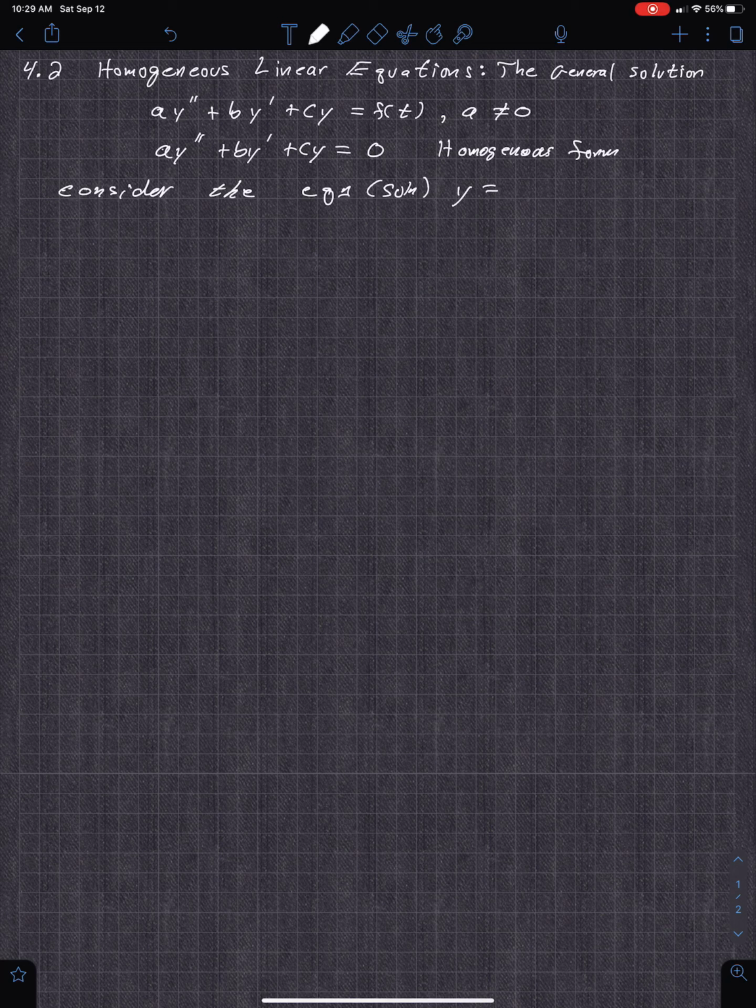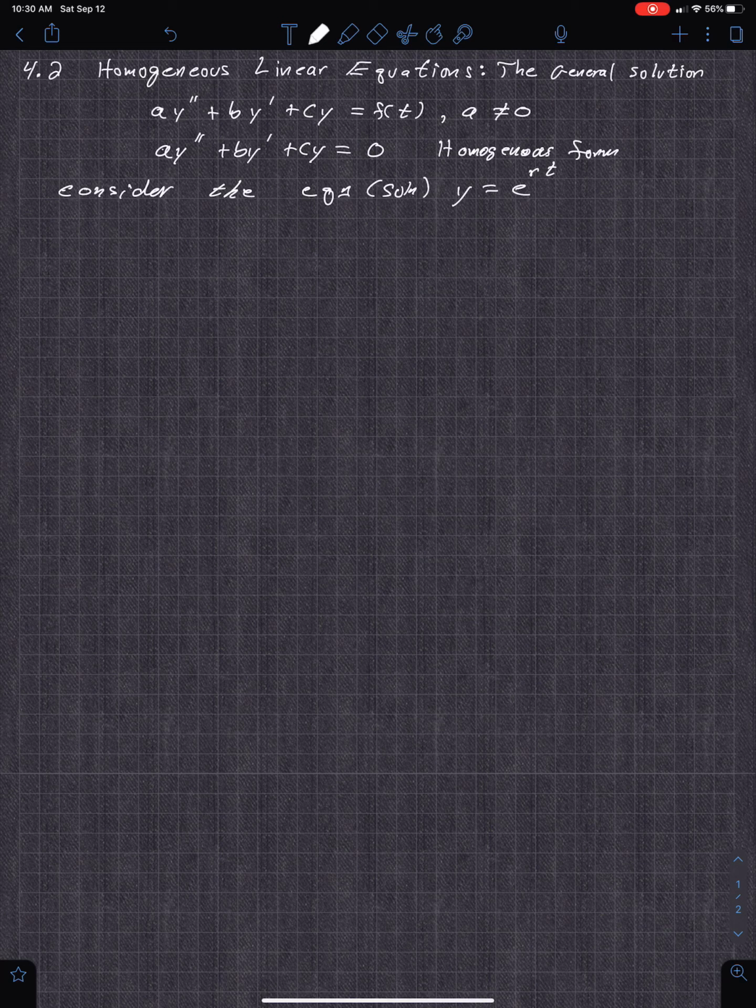So we're going to look at the solution to be e to the rt, because every time you take its derivative, if r is constant, you get the constant times the function, and that doesn't change. Like if you did a polynomial, eventually you get 0. We don't want that to happen. So we're basically guessing at a solution. It will work, of course, and then we derive the rest off of that.